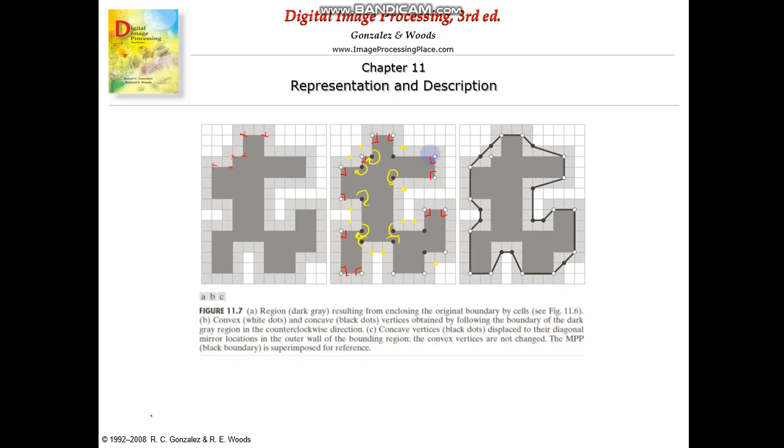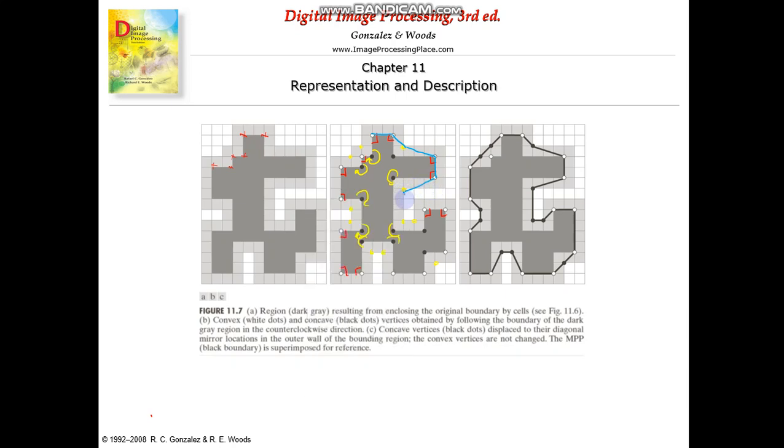Now this is over. Now join the boundary using all the convex vertices and the mirror vertices of the concave ones. So let us draw. I'm going to draw. See this? I joined the convex, then I move on to the mirror of the concave.